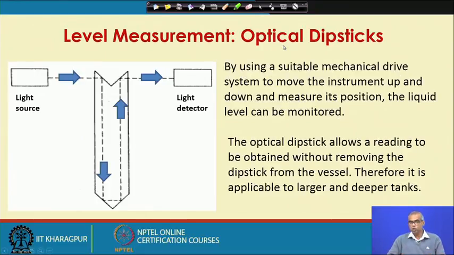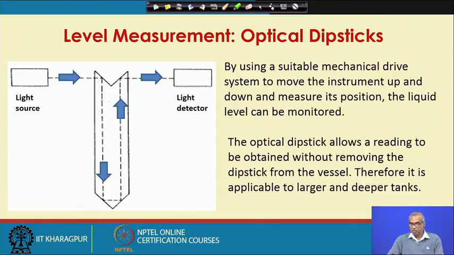By using a suitable mechanical drive system to move the instrument up and down and measure its position, the liquid level can be monitored. The optical dipstick allows a reading to be obtained without removing the dipstick from the vessel. Therefore, it is applicable to larger and deeper tanks. Unlike ordinary dipsticks, it is not necessary to remove the dipstick from the tank.